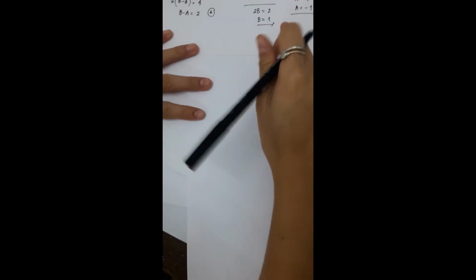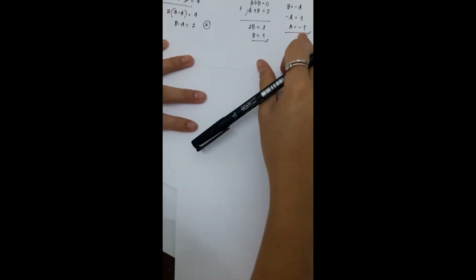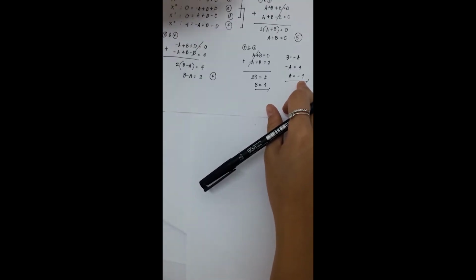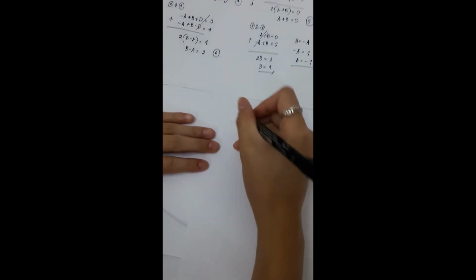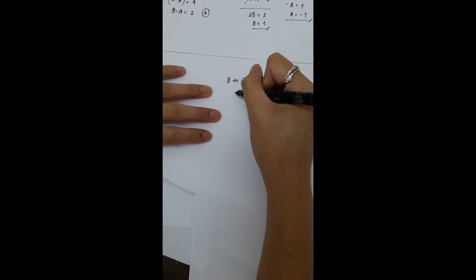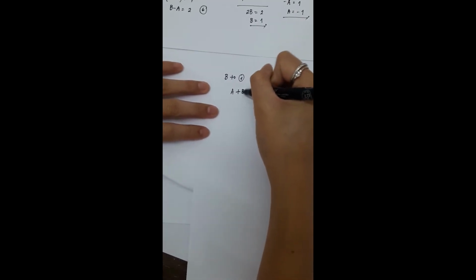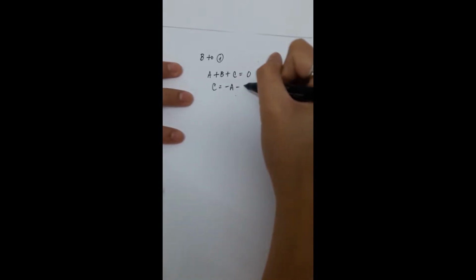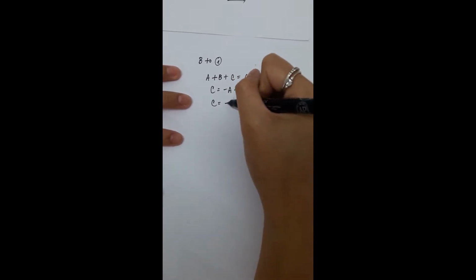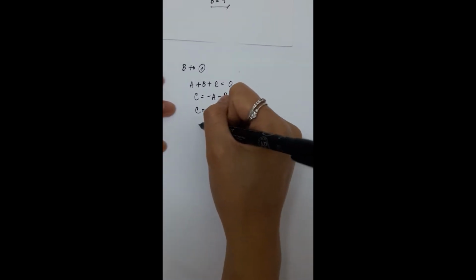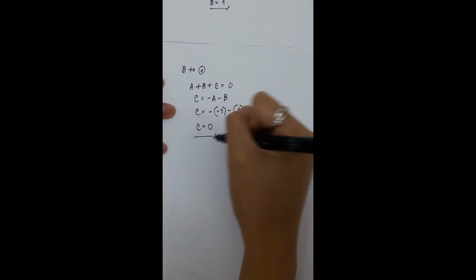Now to get the values of C and D, we will just substitute the values of A and B into equation 1 or equation 2. A plus B plus C is equal to 0. C is equal to negative A minus B. C is equal to negative of negative 1 minus 1, so that will be equal to 0.